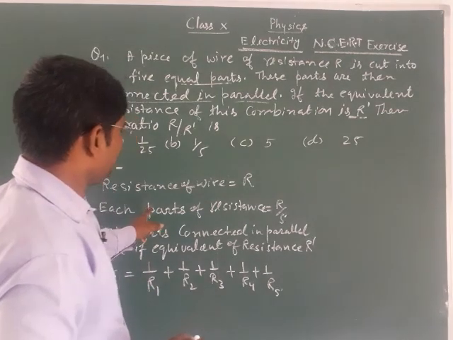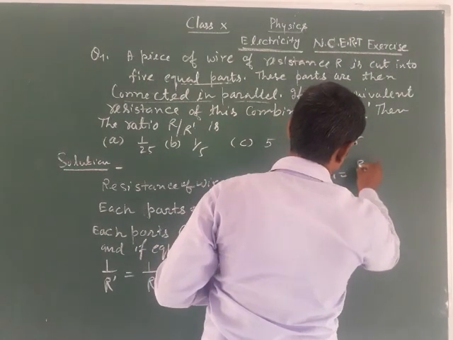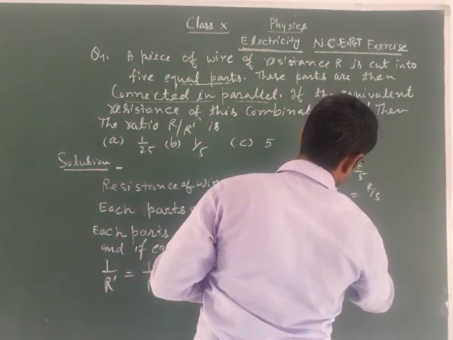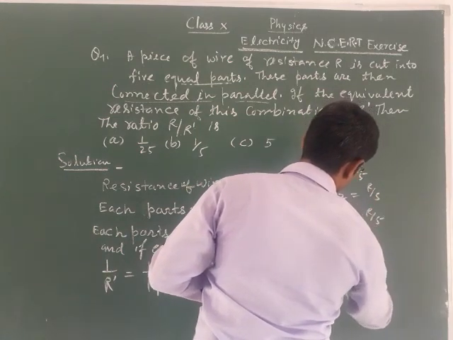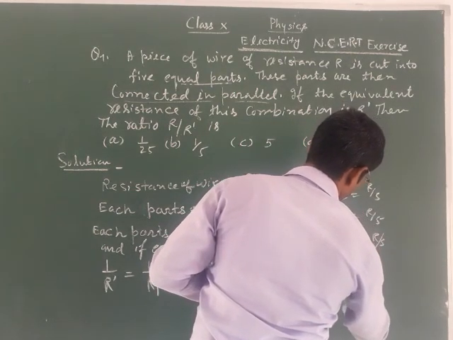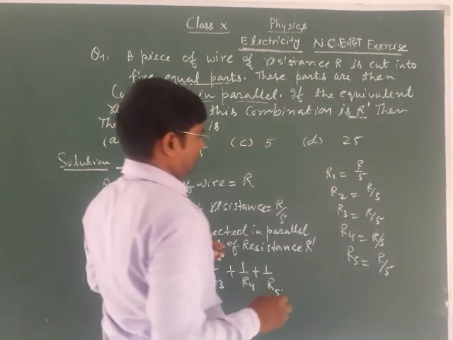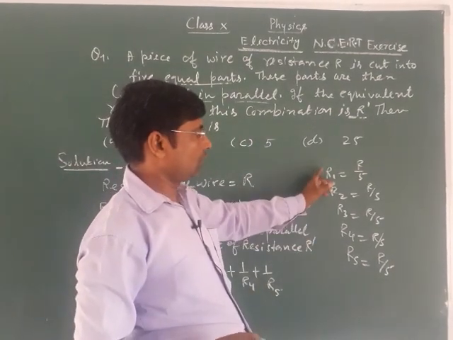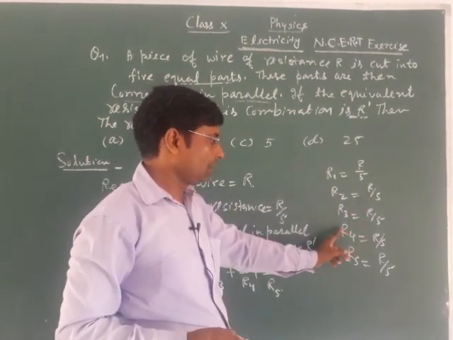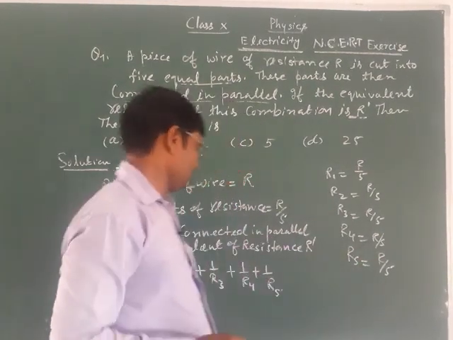Each part is equal, so R1 is equal to R upon 5, R2 is equal to R upon 5, R3 is R upon 5, R4 is R upon 5, R5 is equal to R upon 5.